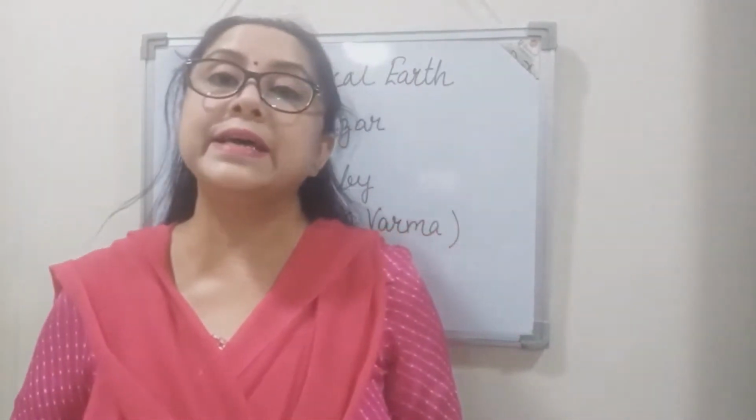Right? Now, before we start with the reading and explanation of the poem, let me tell you something about Gulzar. So, Gulzar is the pen name of Sampurn Singh Kalra, right? So, Gulzar is his professional name. It's his pen name. His original name is Sampurn Singh Kalra, and he was born on 18th August 1934.